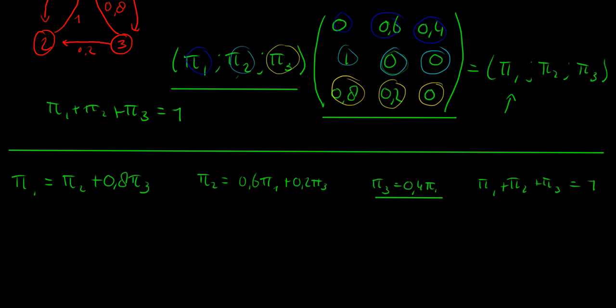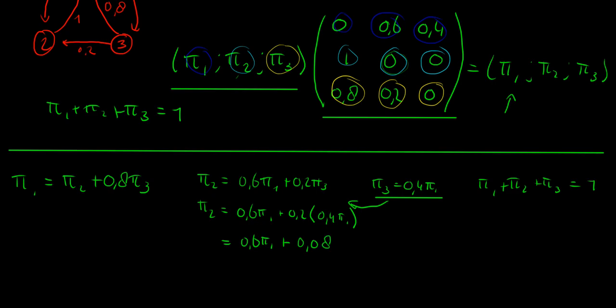So let's fill that in our pi 2. So we get pi 2 is 0.6 pi 1 plus 0.2, open the bracket, and we fill in here 0.4 times pi 1.